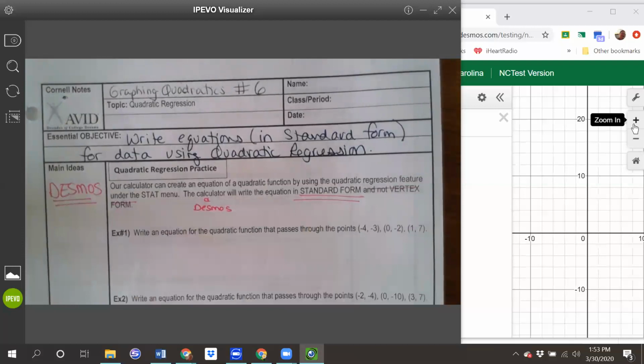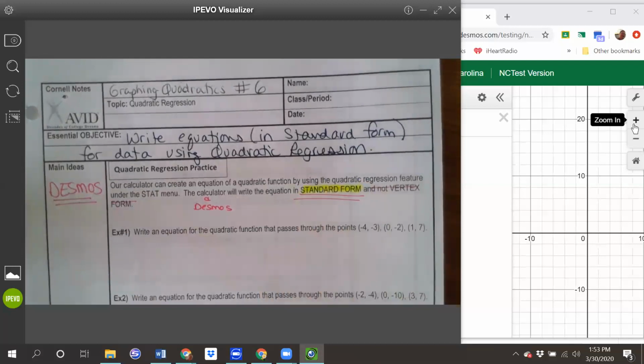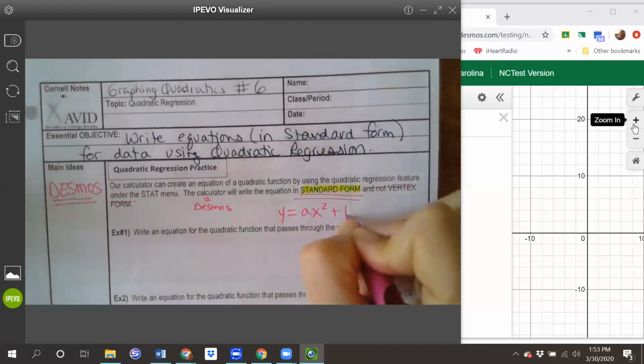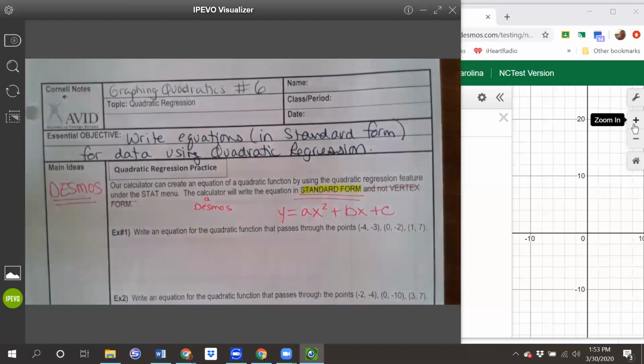We want to be using standard form. What does standard form look like again? That is y equals ax squared plus bx plus c. That is what we are going to be coming back to time and time again.